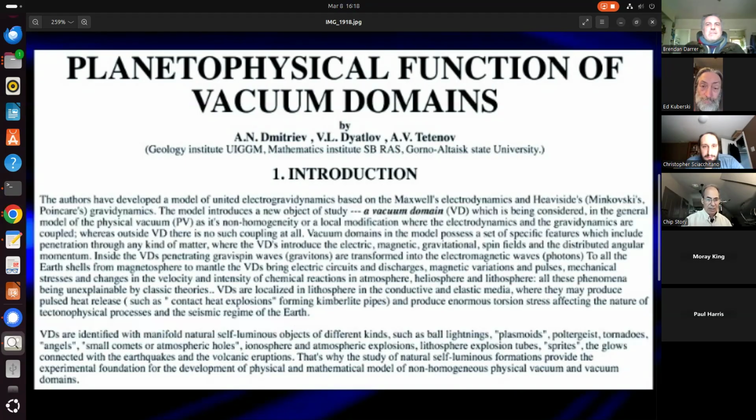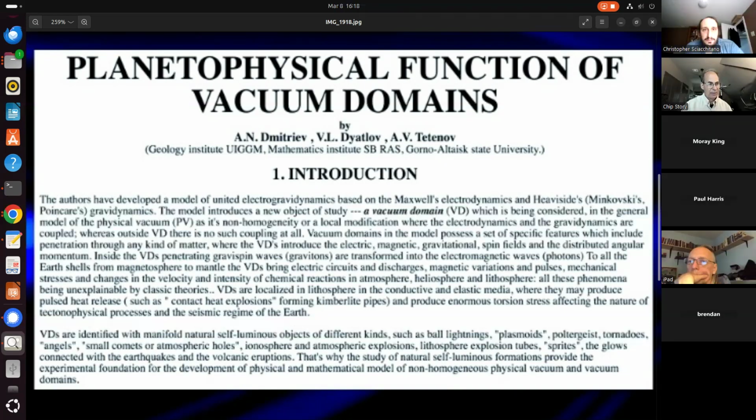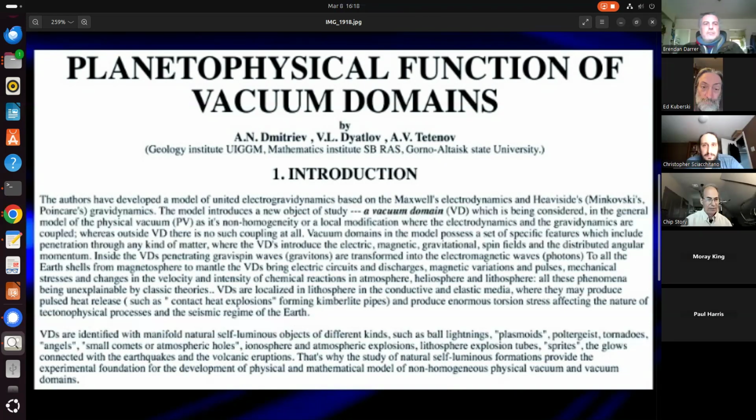Vacuum domains in the model possess a set of specific features, which include penetration through any kind of matter, where the vacuum domains introduce the electric, magnetic, gravitational spin fields and the distributed angular momentum. Inside the VDs, penetrating gravispin waves, gravitons, are transformed into the electromagnetic waves or photons. Also important again. Yes.